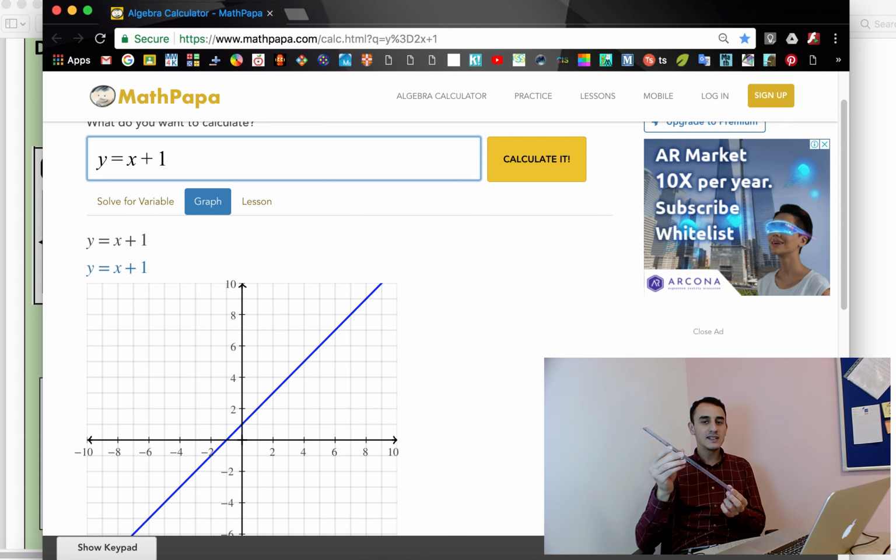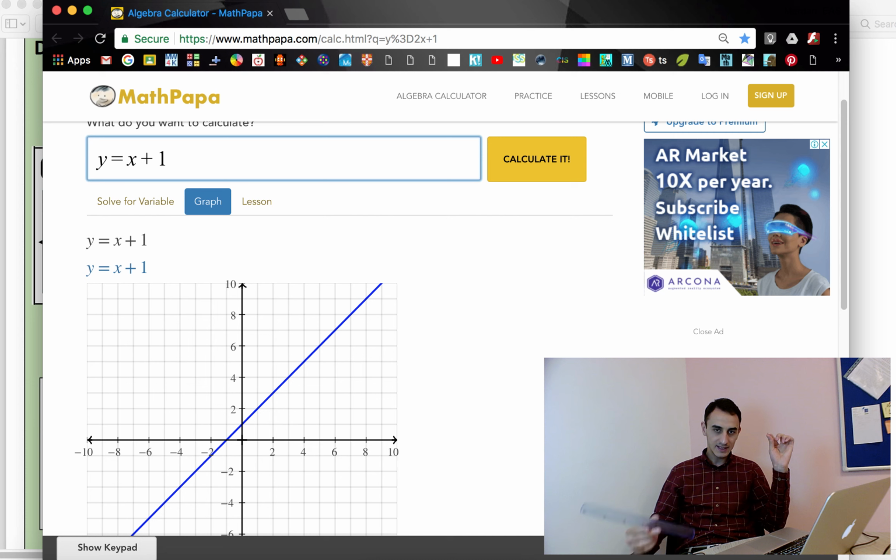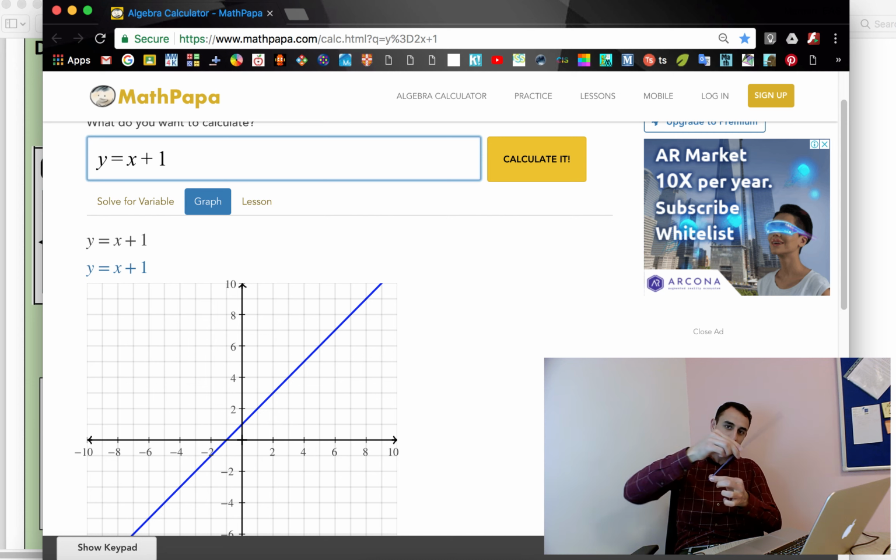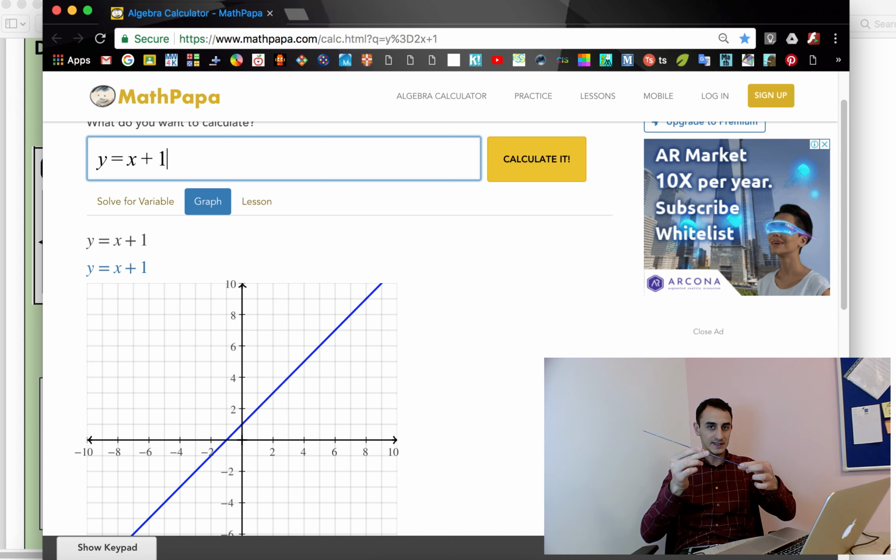The number at the end slides the line up and down. If you write x minus 1, it will come one step down. If you write minus 4, it will come 4 steps down. Clear? Finally, the number in front of x affects the steepness of the line, but the number at the end slides the line up and down. Clear? Okay.